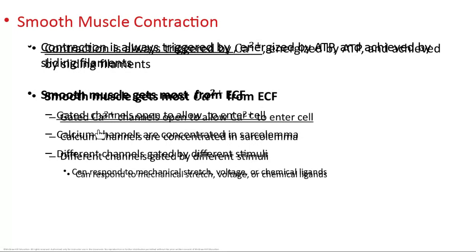Now remember, we'll have calcium channels all along the sarcolemma, allowing this calcium from the extracellular fluid to come in. And there are different signals to cause this, usually a change in voltage. We can have binding of neurotransmitters to the surface of the muscle cell that can cause this as well.